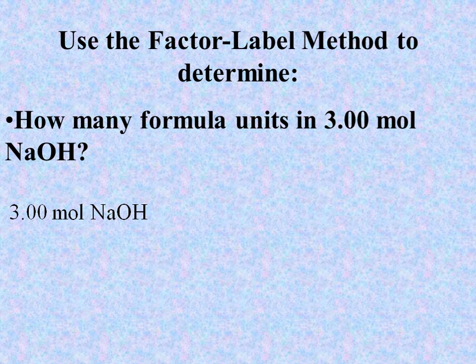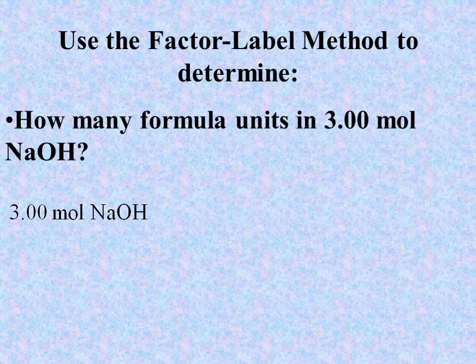In this question, once again, we're dealing with sodium hydroxide, but now we're asked to determine how many formula units are in 3 moles of sodium hydroxide. Now, the term here being used is formula units because sodium hydroxide is an ionic substance, not molecular, so we're not asked how many molecules there are, but again, the word particle could be substituted. We're talking about individual pieces of this substance.